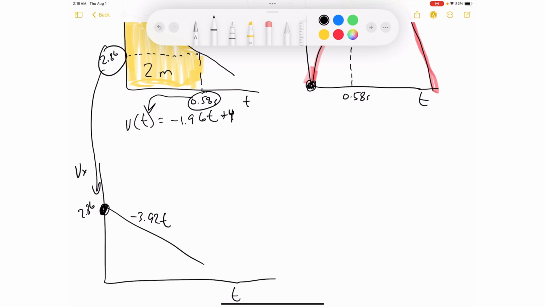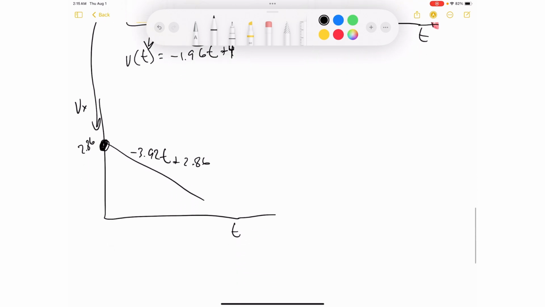So this function is negative 3.92t plus 2.86. That completely describes this function. Now, we know this function eventually hits this point right here. What does this point mean? This point means no velocity.